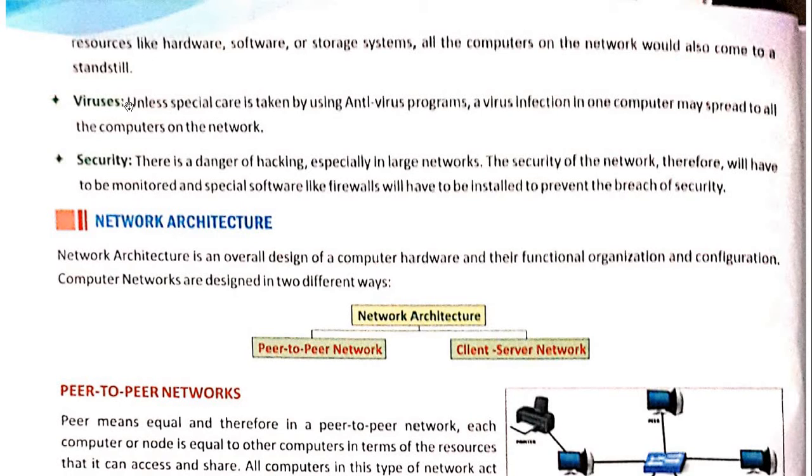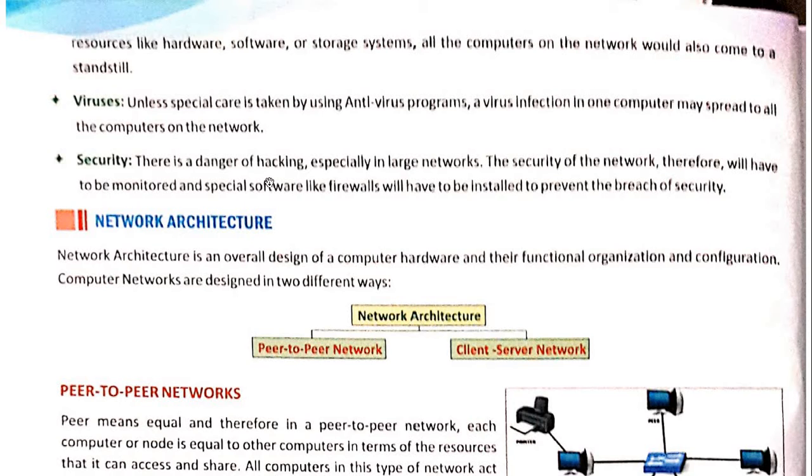In that case it is the disadvantage of a computer network. Any computer having a virus will spread it to all the other computers. So all the computers connected in the network should have an antivirus program, then no risk of viruses can be there.